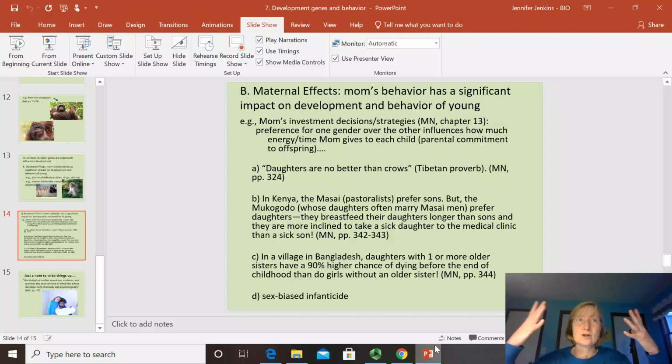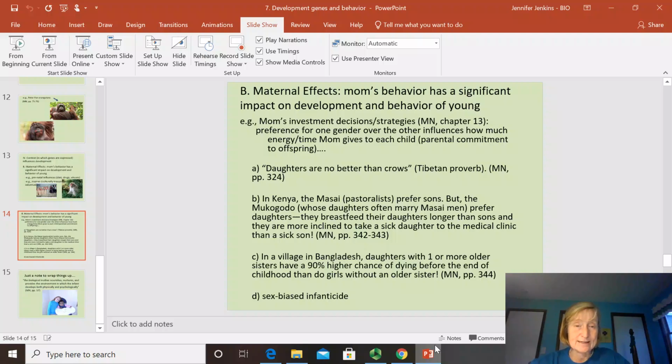It can be so ingrained in us, if you will. So in Tibet, for example, this proverb kind of says it all. There is a proverb that says, daughters are no better than crows. If you grow up in a culture like this, it has an effect on who you are and how you develop and what you think about women in that society, right?